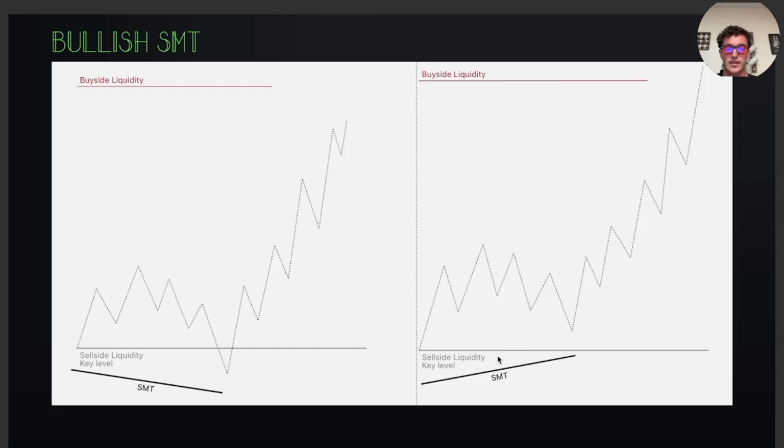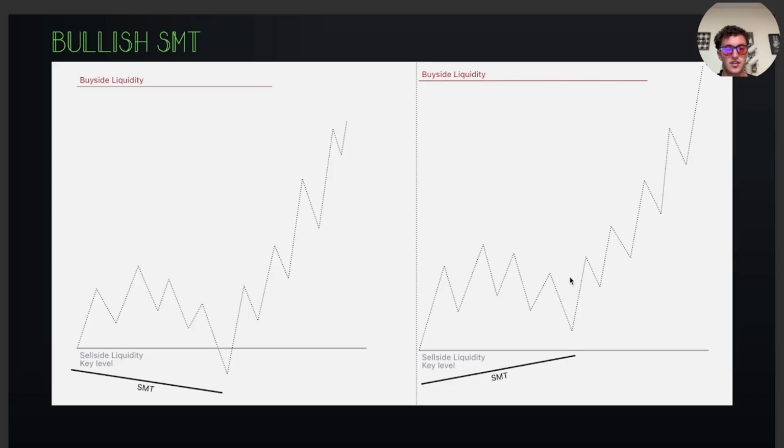But if you look at the right, price fails to take out that low, and we push higher. So you're going to want to form a trade long on the pair that makes the higher low in a bullish market, because then you're going to anticipate the pair that's stronger to reach your buy side liquidity pool target, that external range, first before the pair that makes the lower low, failing to take out that high.